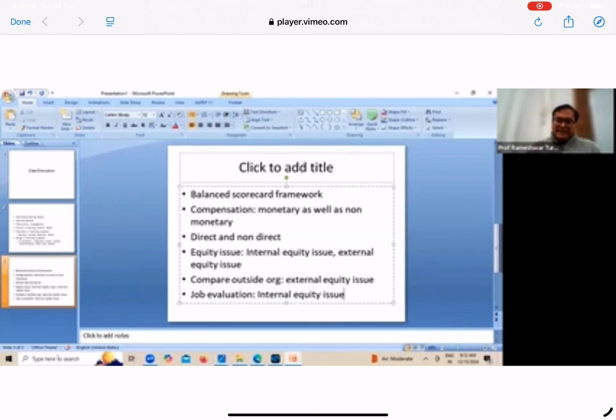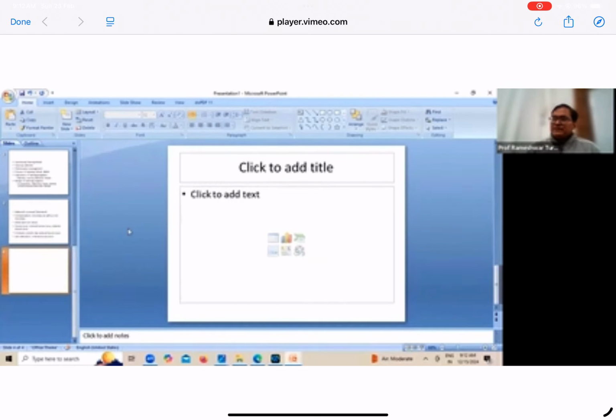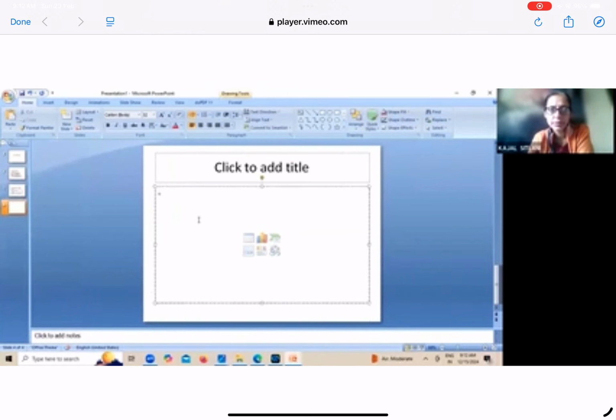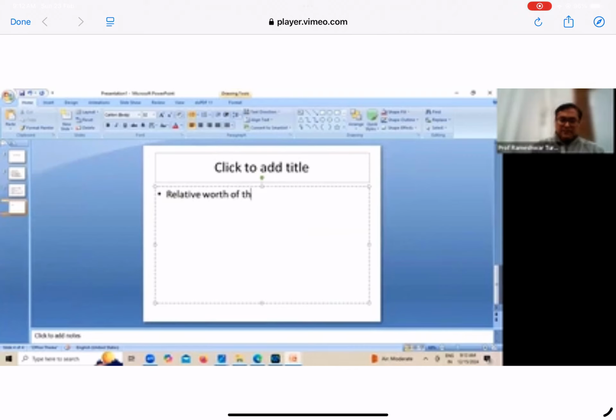So one more thing I said is that, anybody remembers what is job evaluation? What we try to do in job evaluation? We find out the worth of the job, the relative worth of the job. It is very important, relative worth of the job. Relative to what?